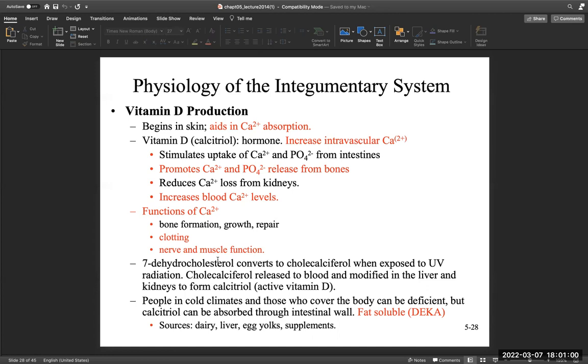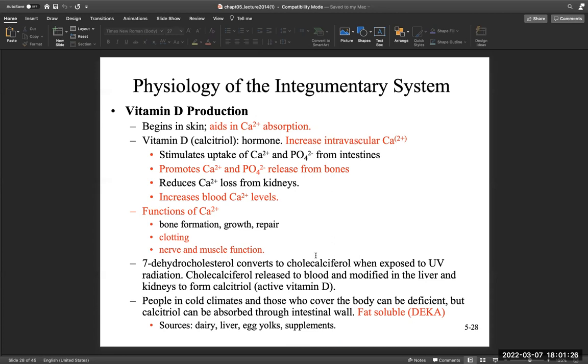What we need to do to turn it into vitamin D is have multiple rounds of activation, right? So you have an inactive starting material here, and the very first step requires this 7-dehydrocholesterol to be exposed to ultraviolet radiation to form a secondary material called cholecalciferol.